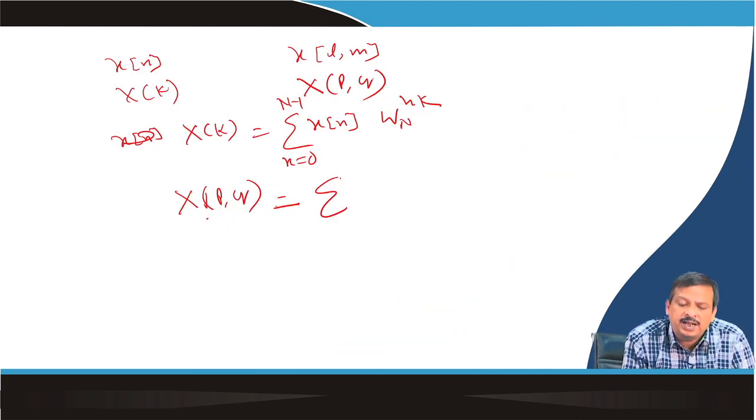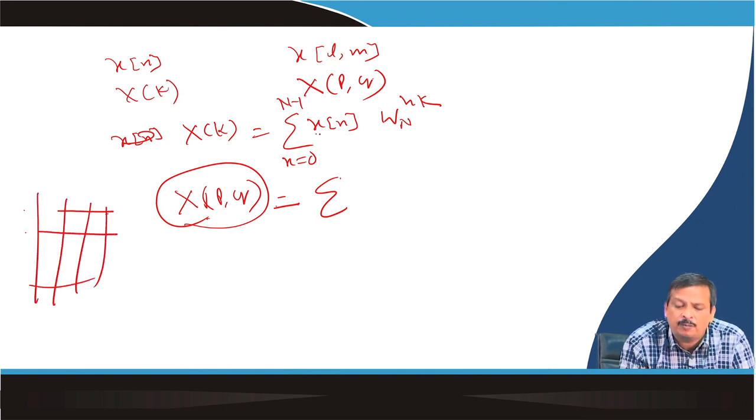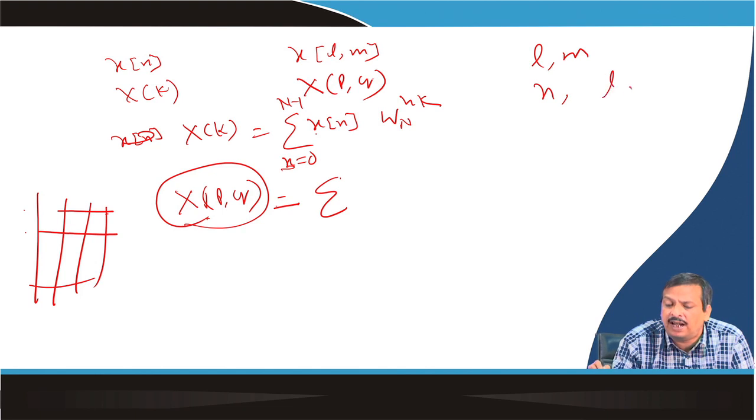So, I have p and q in which k is divided. So, xk is stored in a p and q array and my x of n is stored in an L and m array. So, n is expressed in terms of L and m.